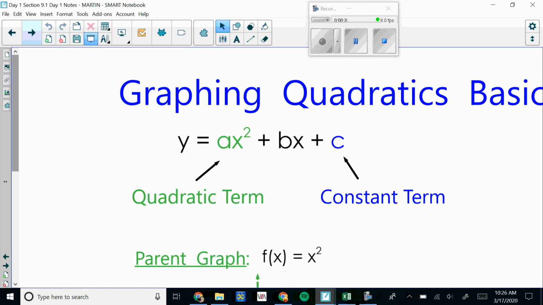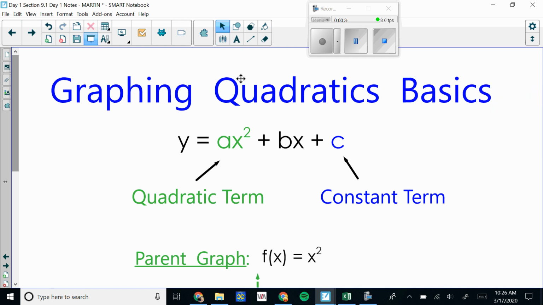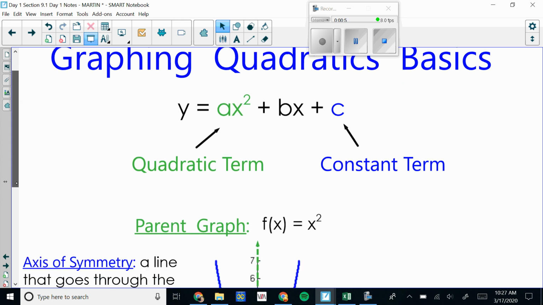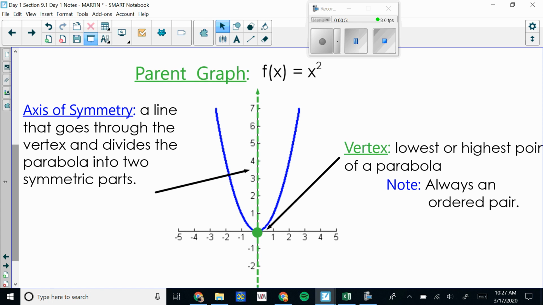All right, first off, we have graphing quadratics basics. A quadratic looks like this: ax squared, that's the quadratic term, plus bx plus c. We know the a, b, and c terms from factoring. c is going to be our constant term. If we scroll down a little bit, we have our parent graph, which is just x squared.